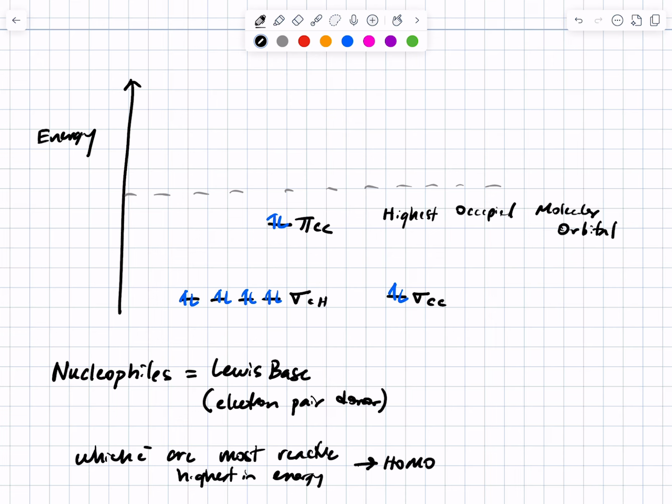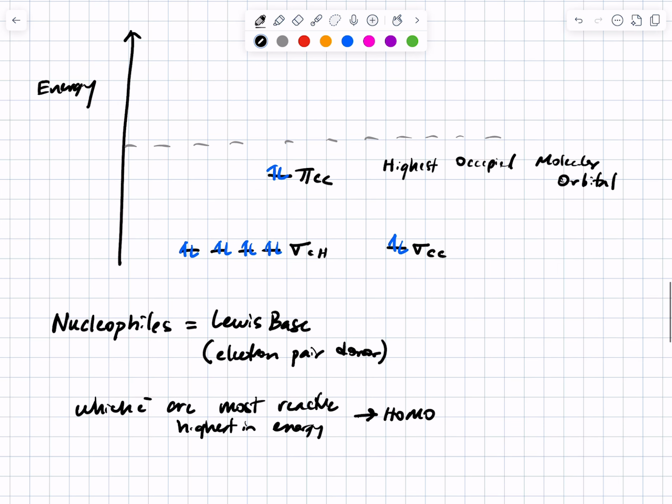So if ethylene, this alkene, this molecule with a pi bond, were to act as a nucleophile or a Lewis base, which electrons in it would be the most reactive electrons? Which would be the HOMO? Pi.